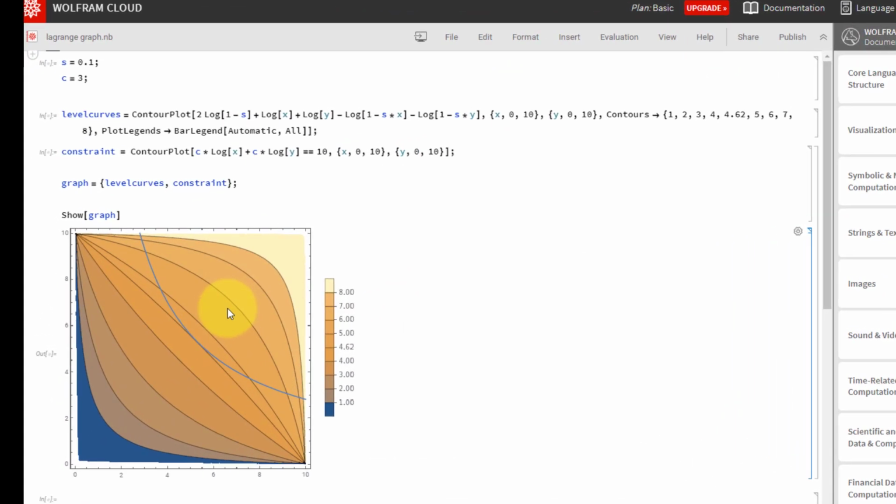So that's a plot of the contour, the level curves of the function f, and superimposed on top of it is the constraint in a particular example with the c value being 3 and the final velocity being 10.